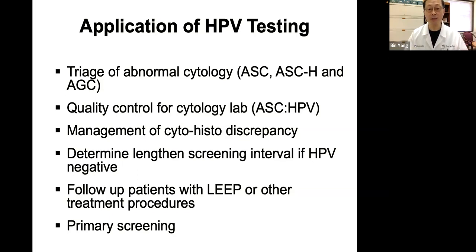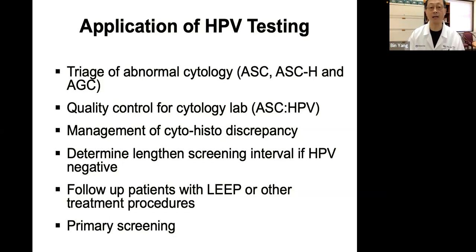So, for example, in China, only 10% of the population is HPV positive. So it's a great opportunity to do HPV screening first to identify those 10%, then apply cytology to those 10%.